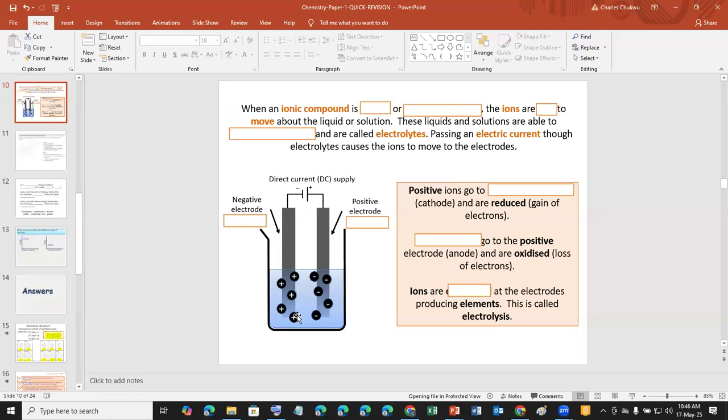And the solution will be becoming less salty because the things that made it salty are leaving it. And guess what will happen to the chlorine, guys? As the chlorine is losing its electron, it's becoming a chlorine atom. And when two chlorine atoms come together, they form chlorine molecules.